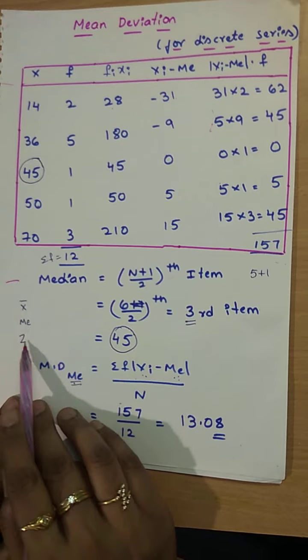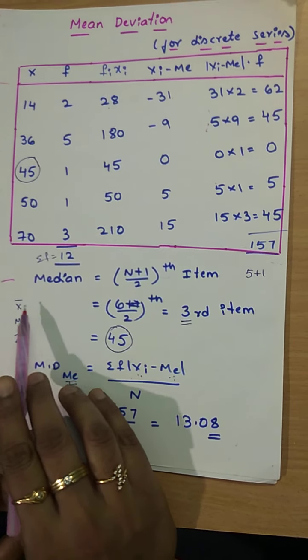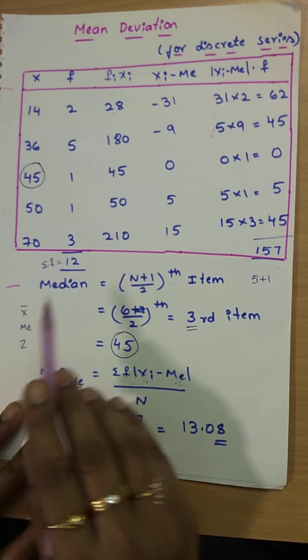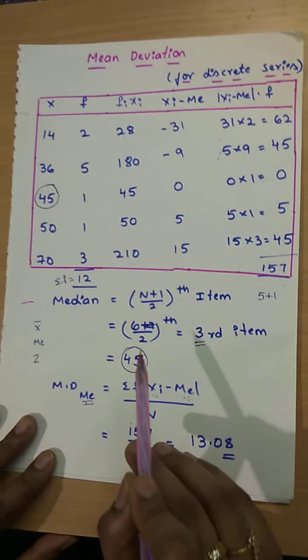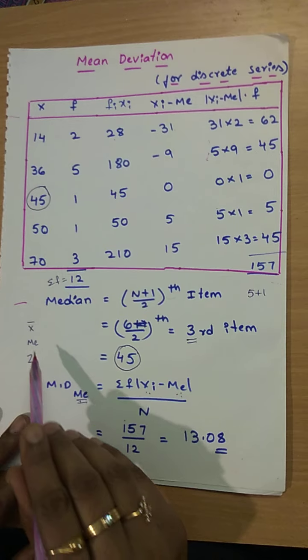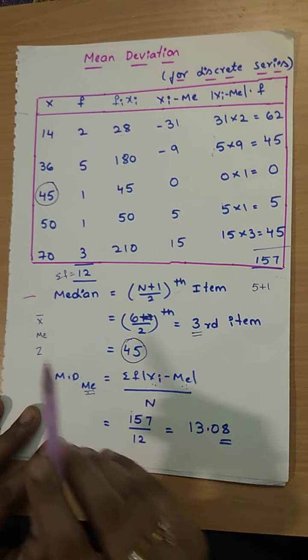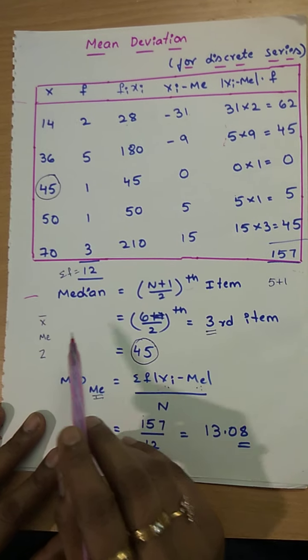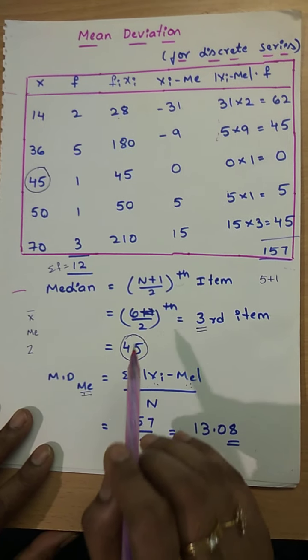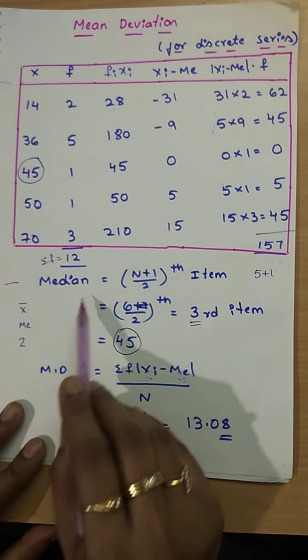The process is the same, but if we are doing mean deviation with mean, we need to find the mean. If with median, we need to find the median. If with mode, we need to find the mode. Here I am doing mean deviation about median for the discrete case. That's why I am finding the median here.